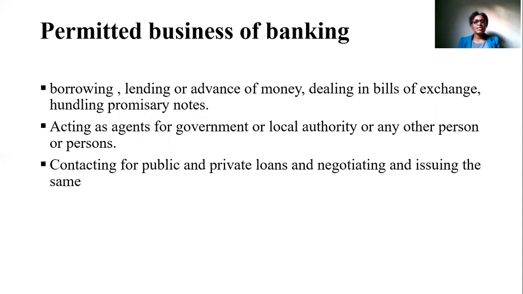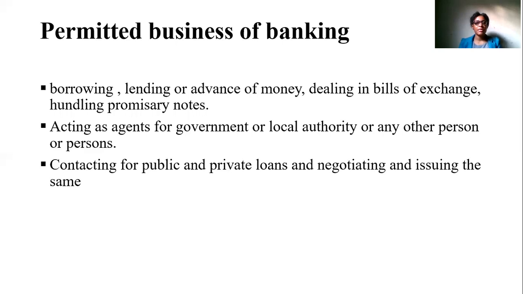Then let us now look at the permitted business for banking. What is banking as an industry permitted to do as a business? Number 1 is borrowing, lending, or advance of money, dealing in bills of exchange, handling promissory notes.